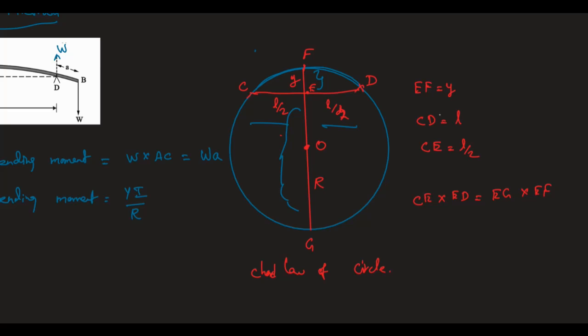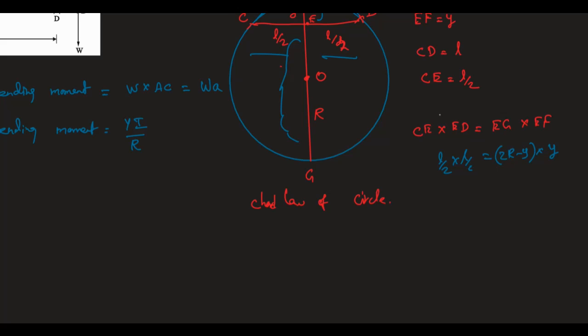CE and ED are equal, that is L by 2 into L by 2, equal to EG into EF, where EG is 2R minus Y. How is it? Because the diameter is 2R, and you have to subtract this Y distance. And EF is my Y.